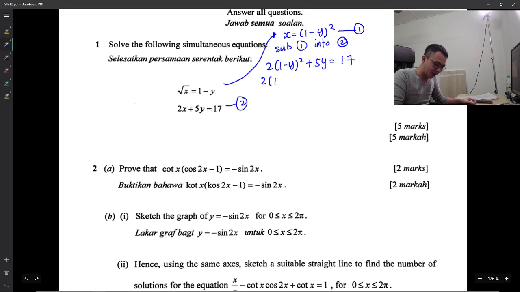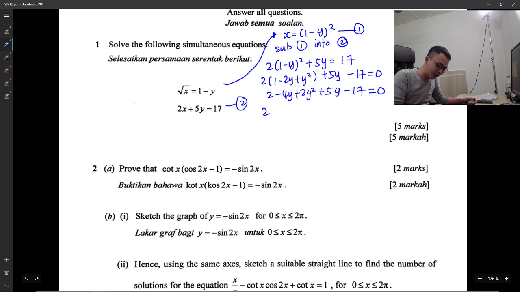So this is 1 minus 2y plus y squared plus 5y minus 17 equals 0. I will multiply in and rearrange over here: 2 minus 4y plus 2y squared plus 5y minus 17 equals 0.